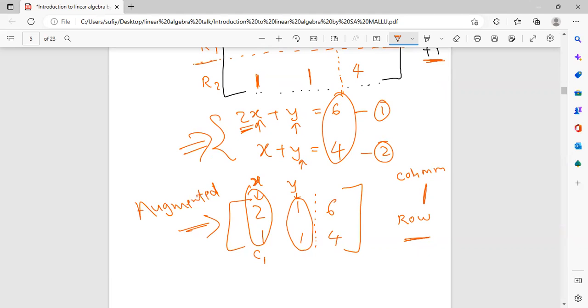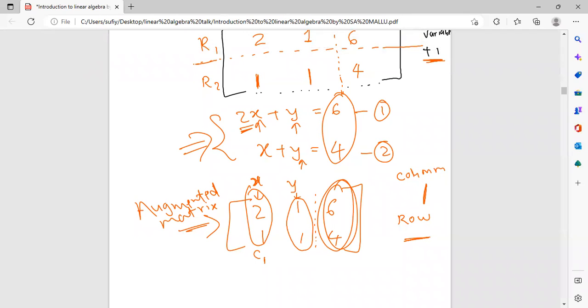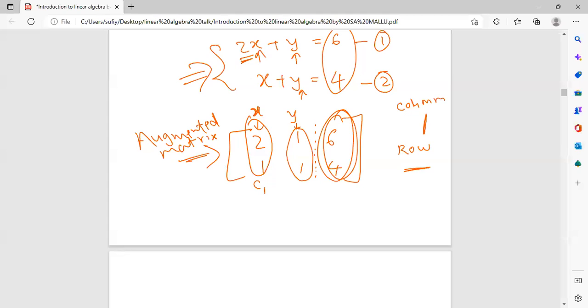Why we call this an augmented matrix is because we are involving the given constant k. Since we're involving that, we call it an augmented matrix. But let's just pretend that you just write x and y, and you don't want to do anything with the constants. You just write 2, 1, 1, and 1. And now we will call this a coefficient matrix.